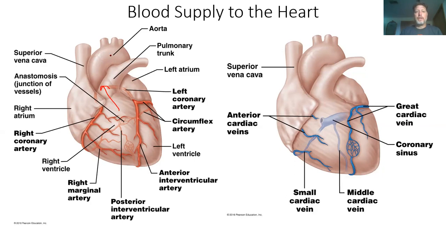Before it even comes over here to go up the brachiocephalic, which would take it to the brain and your upper torso. And then they have the veins that come back, and they'll come in at the right atrium where they'll connect back up with the superior and inferior vena cavas.